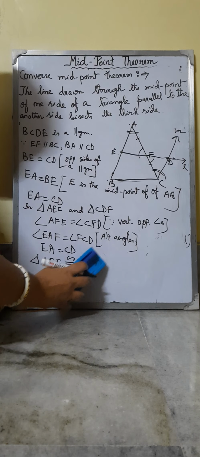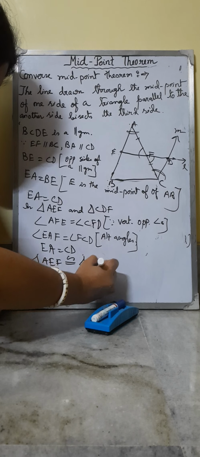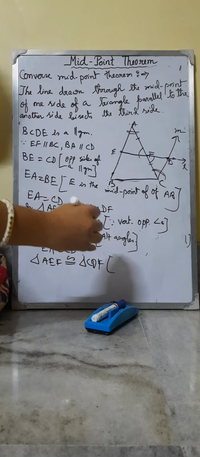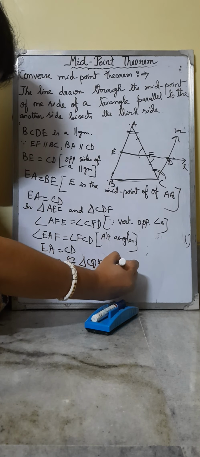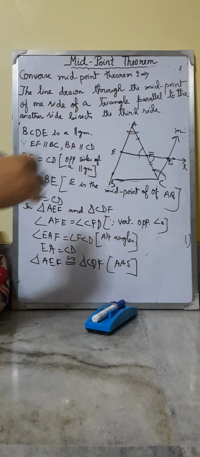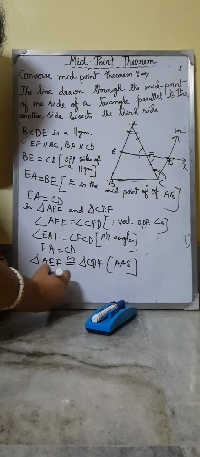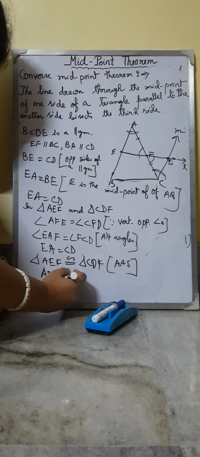Right. From the AAS rule, if both triangles are congruent, we can easily say that AF equals FC.